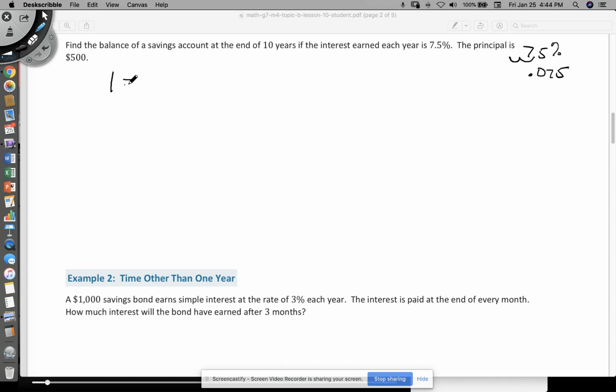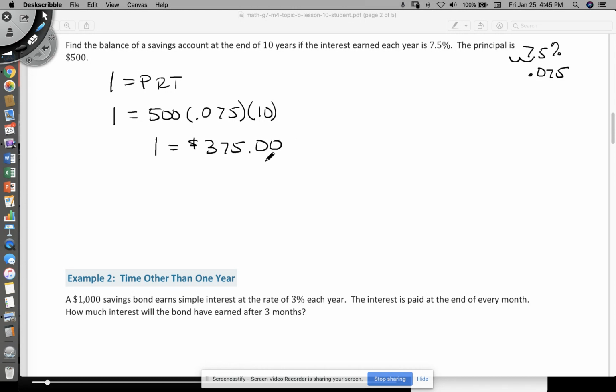So here we go. We have I equals PRT. Again, I'm solving for I here. My principal, they told me, is 500. I'm going to multiply that by my rate, which is my percent, 0.075, and my time is 10 years. If you put that all into a calculator and multiply that out, your interest comes to $375.